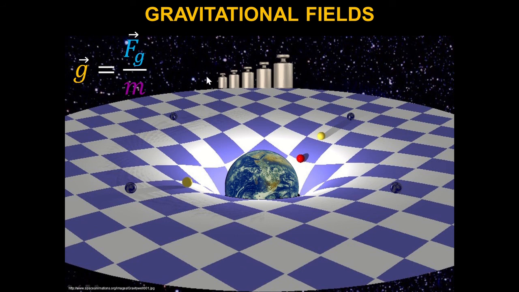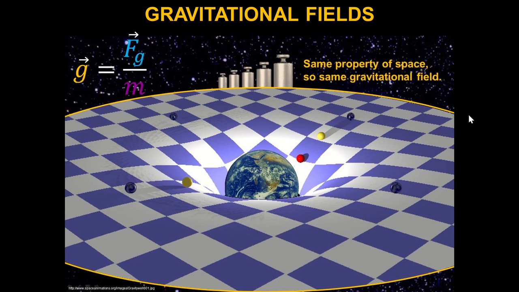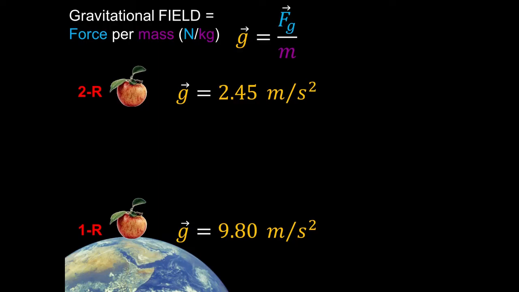Okay. Now, if I had a small mass out there, there'd be a small force on a small mass, so there'd be a gravitational field. If I put a larger mass, there'd be a larger force on that larger mass, and it'd be the same gravitational field. In fact, everywhere at the same distance from Earth like this, it would have the same property of space. It would have the same gravitational field. All right, so the gravitational field is saying that there is a gravitational force on a mass.